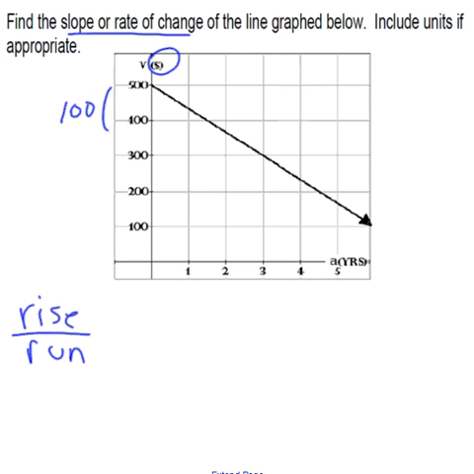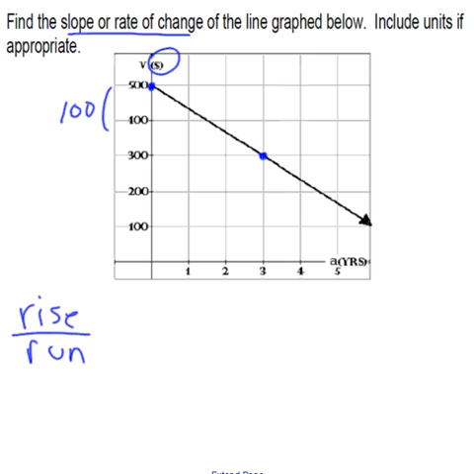But otherwise, you do just visually look at it and figure out. Remember, you pick a point to the left. So I'm going to pick a point that's easy to see what the coordinates of that point are. And then I'm going to find another point that's easy to see the coordinates of, and that's this one. And then I move from the left-hand point to the right-hand point and think, what did I have to do? How much did I rise and how much did I run to get from the left-hand point to the right-hand point?